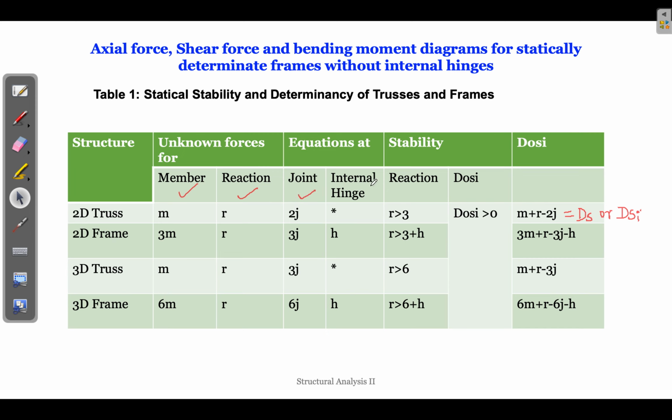In case of an internal hinge, it is shown by h, or somewhere by I, or by n. Any notation is fine.